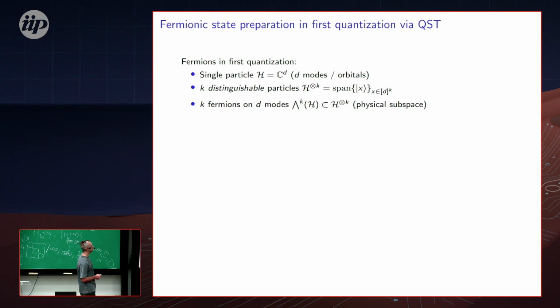So basically, d to the k possibilities. But fermions are antisymmetric, so I need to look at the completely antisymmetric subspace inside of H tensor k. This thing has dimension d to the k, and this thing has dimension d choose k. That's very different.